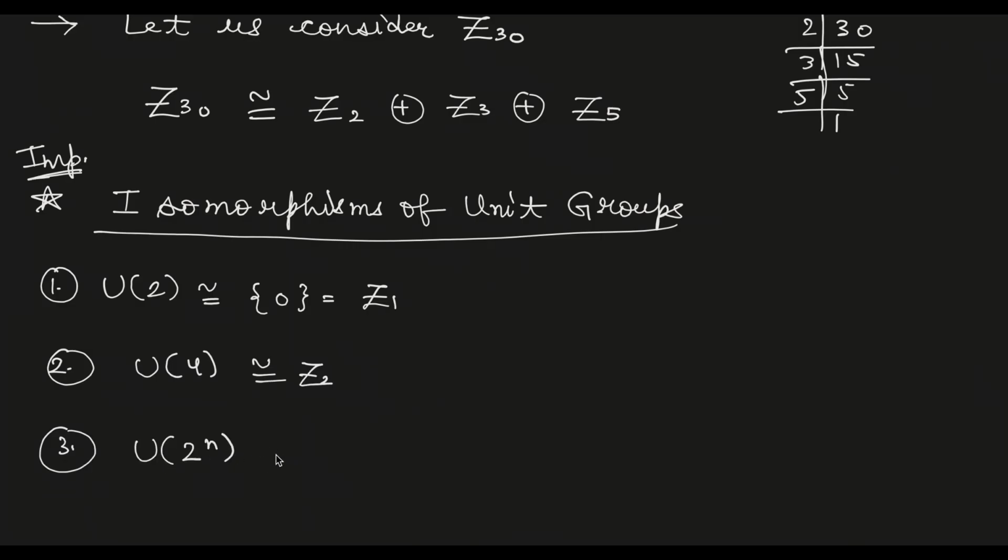U2 to the power n is isomorphic to Z2 direct sum Z2 to the power n minus 2 for n greater than or equal to 3. Because for n equal to 2, we have already shown this. And for n equal to 2 it is 2 square, na?